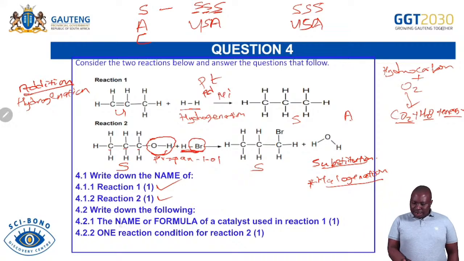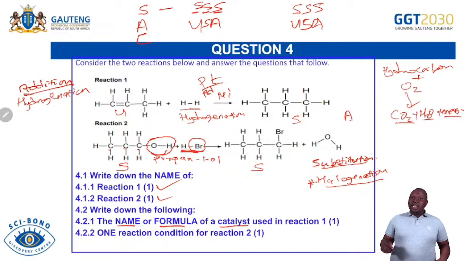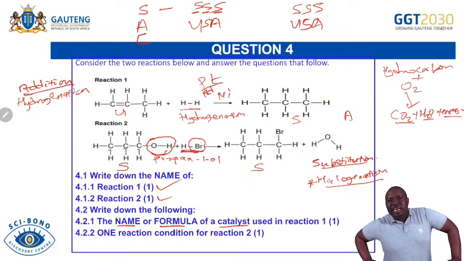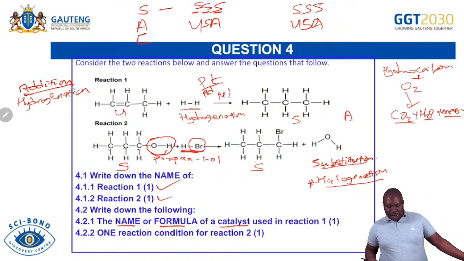You see, you can write the name or formula of a catalyst. For reaction 1, we said platinum, Pt. So it's allowed. But if the question says write down the name, you write platinum in full. But because it says name or formula, you have an option. So you can write Pt, Pd, or Ni for nickel.